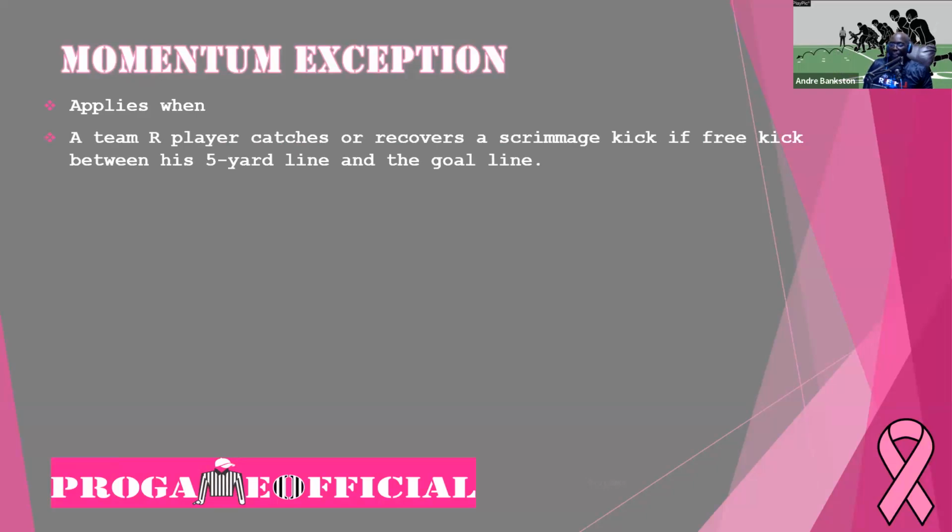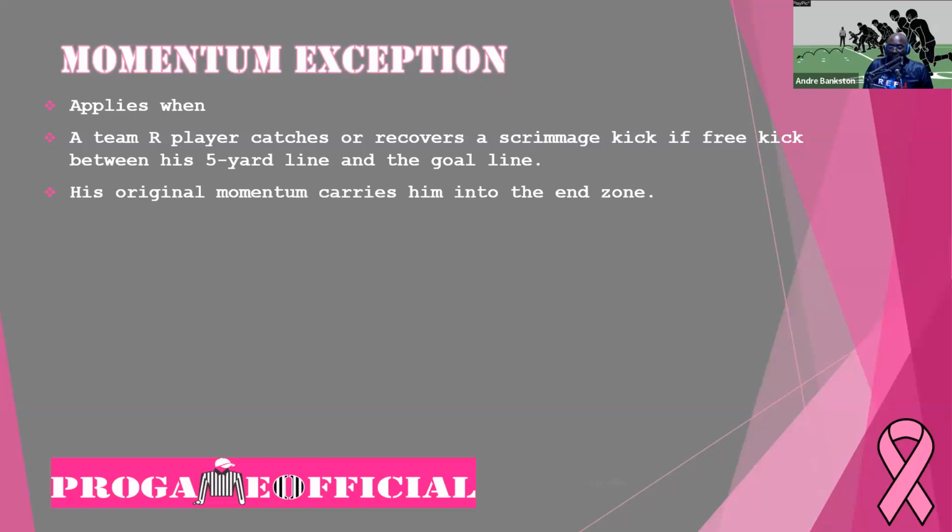So if team R catches or recovers a scrimmage kick or free kick between the 5-yard line and a goal line, and my momentum takes me into the end zone, if I'm down in the end zone, the ball will go back to the spot where I recovered the ball before my momentum took me into the end zone.